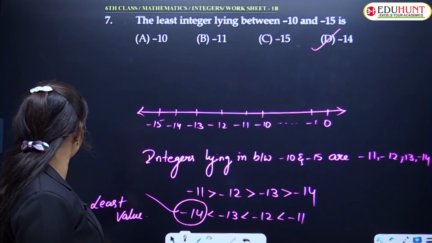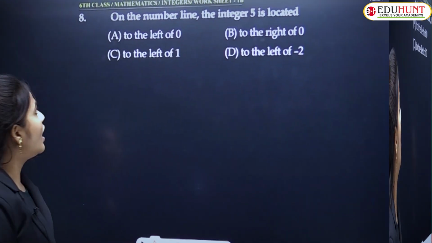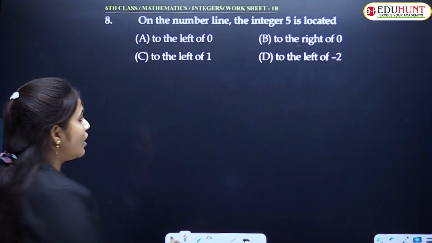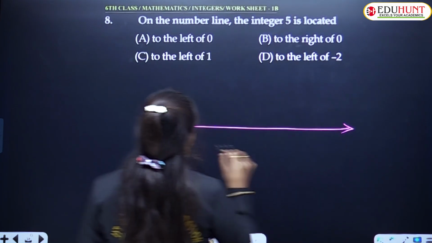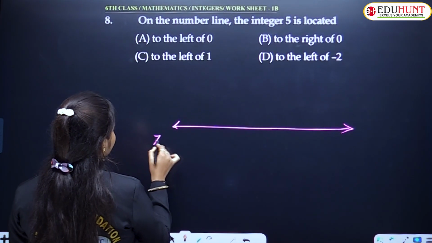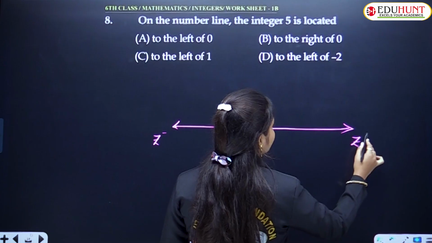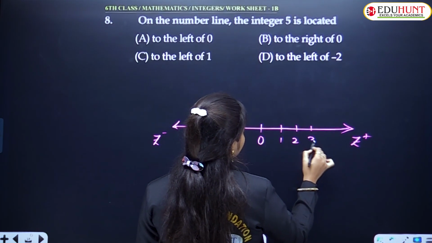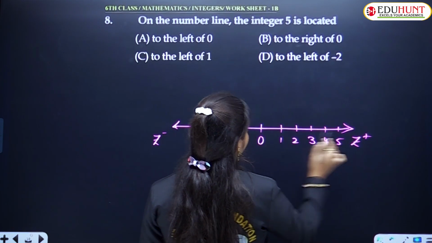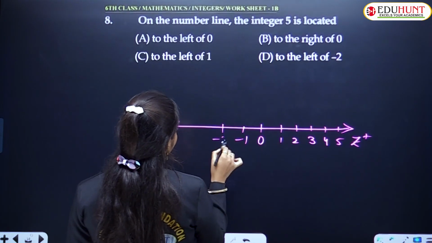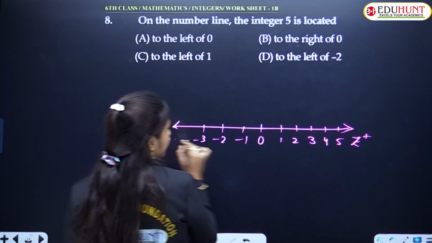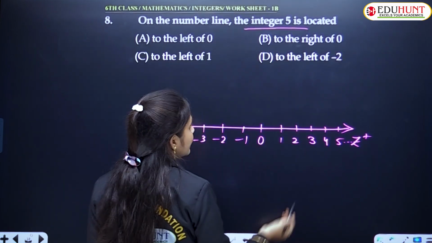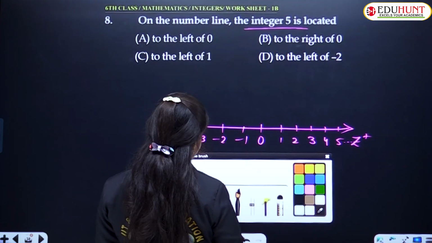Understand? Next one. On the number line, the integer 5 is located. Okay. 0, 1, 2, 3, 4, 5. Minus 1, minus 2, minus 3 and so on. They are asking where the integer 5 is located. Where is that 5 here?